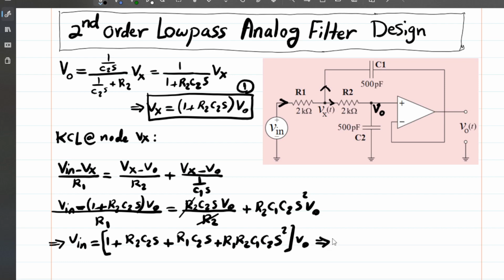And finally, what we get is Vout divided by Vin, as a function of s, is equal to, I don't think we have enough space here, so maybe I just write it here.